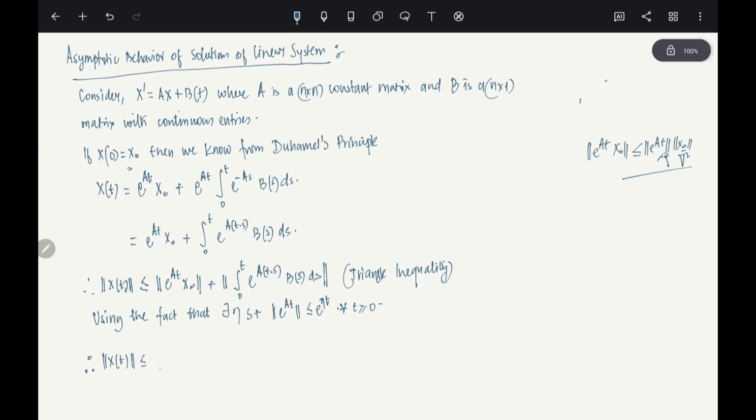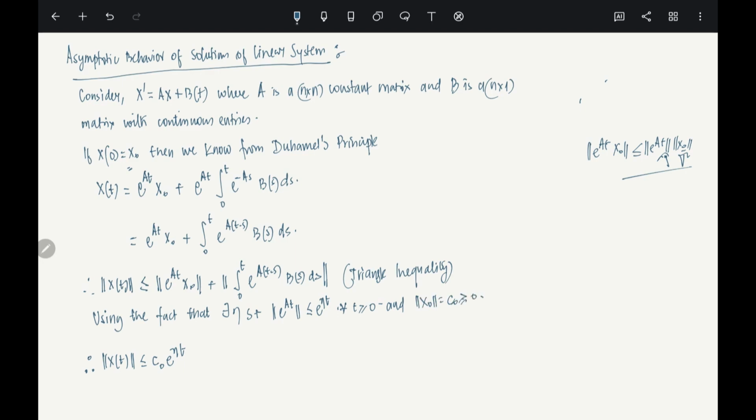So e to the power eta t, and let's say the norm of x naught is c naught, which is of course greater than or equal to 0. That is given.